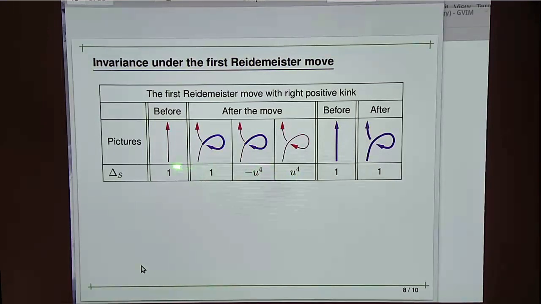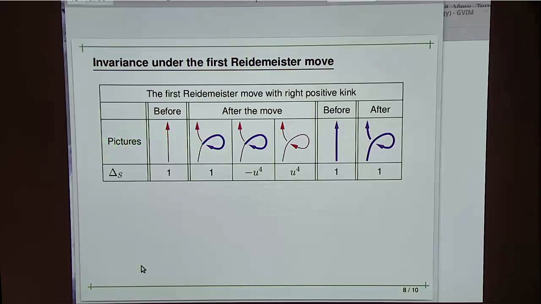I'm not sure that I understand the difference between the two pictures, second and the third. Well, the difference is that here should be plus sign and here should be negative sign. I didn't put it. They are both shunts, but with different signs. So you pick up this different sign, squared and minus.